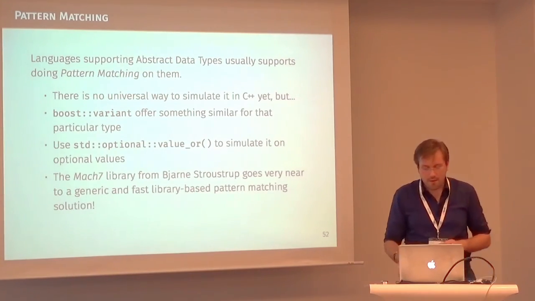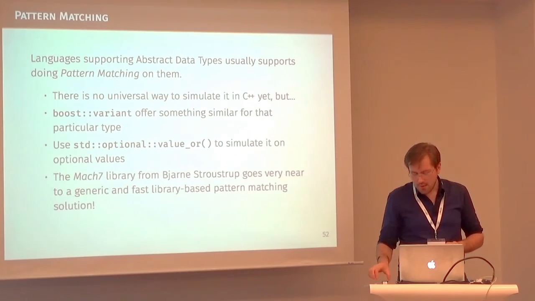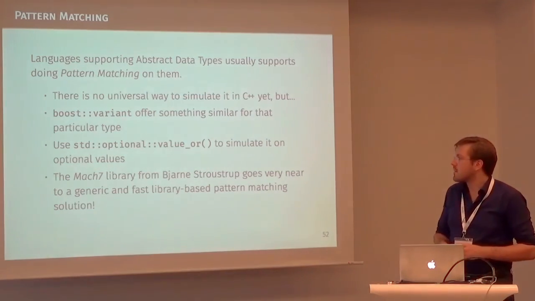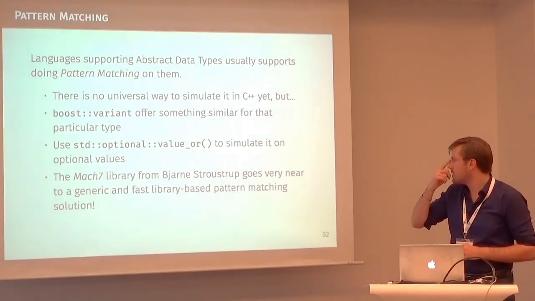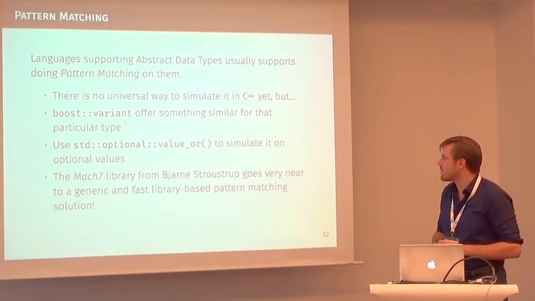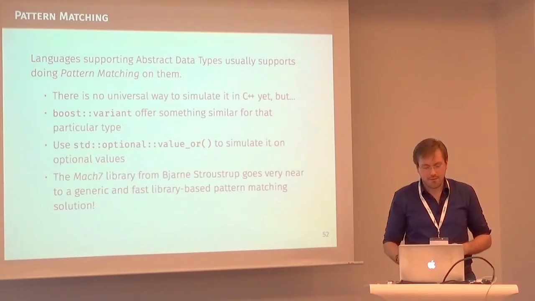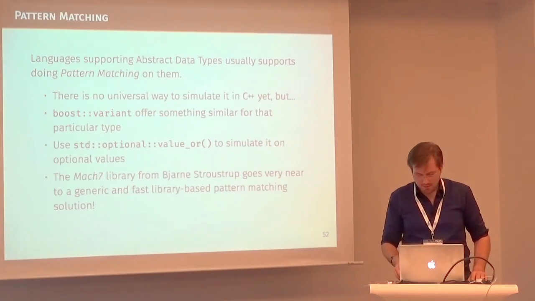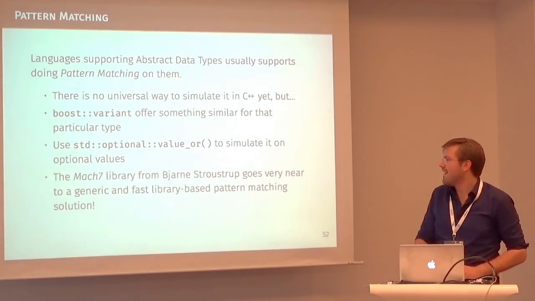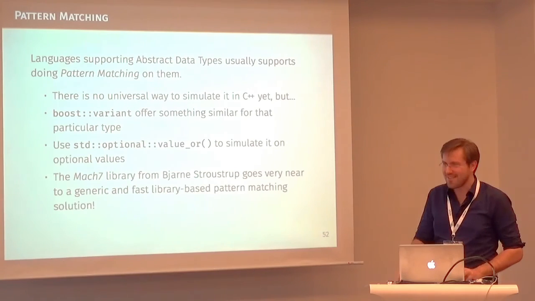And we don't have pattern matching in C++, and we still don't have a good library solution for it. But there are alternatives or equivalents, and there's a nice library from Stroustrup. It is really black magic, with macros. So if you want, you can take a look at it.